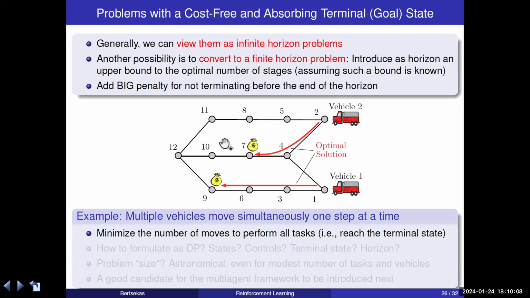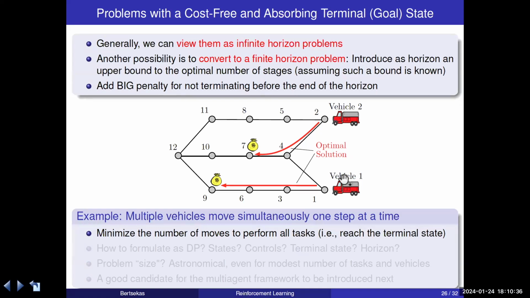And the objective is to perform all the tasks and to do it, as an example, in a minimum number of steps, minimum number of moves. Now, at every time step, there is a move by both vehicles to a neighboring node from where they are.